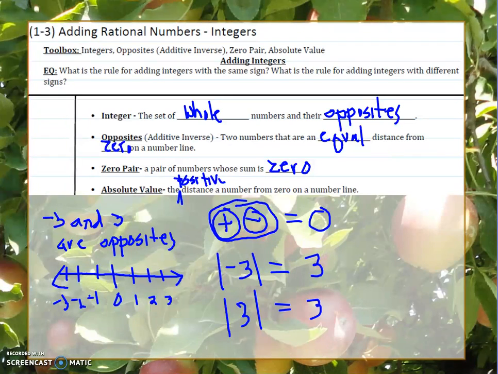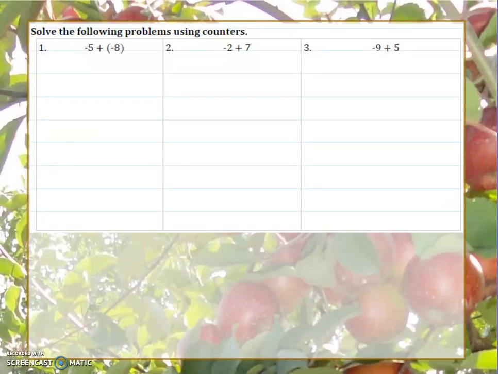All right, let's take a look at the first example. Solve the following problem using counters. So if I had negative 5, 1, 2, 3, 4, 5.